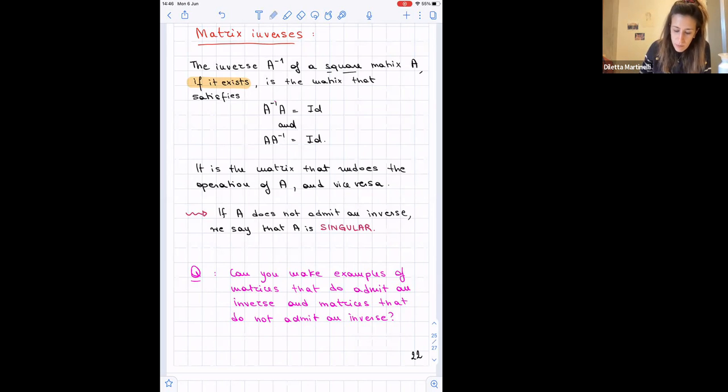So for instance, if you remember the operation, if we consider A, the matrix 0, 0, 0, 1, that's a matrix that gives the projection onto the y-axis, right? You take a vector, let's say v, and you project it onto the y-axis.